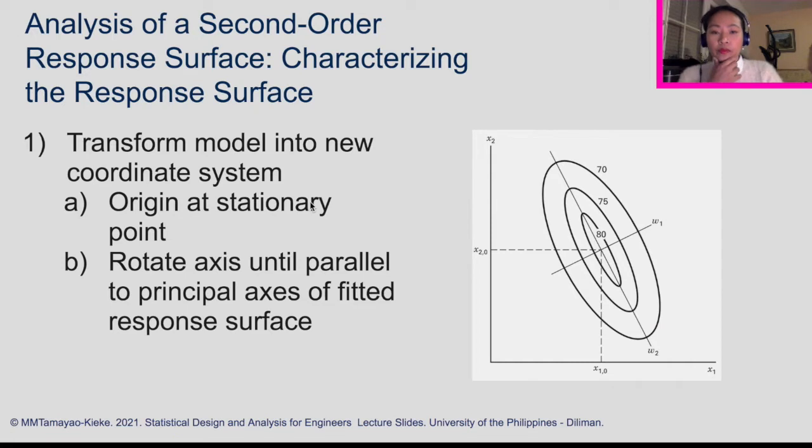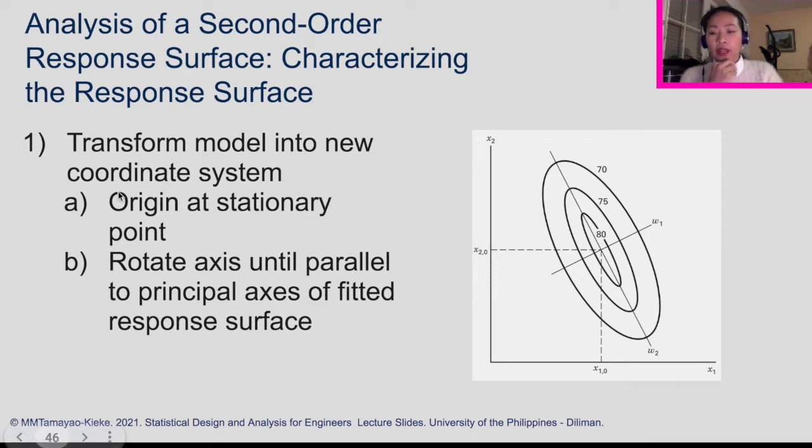Now to characterize the response surface, the method called canonical analysis is very useful. In order for you to be able to do that, the first thing to do is to transform the model into a new coordinate system.